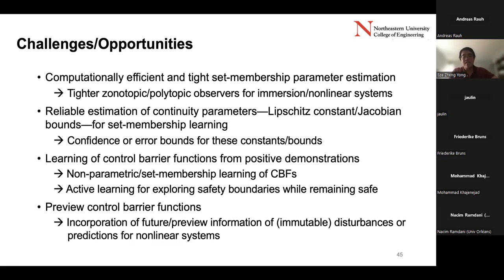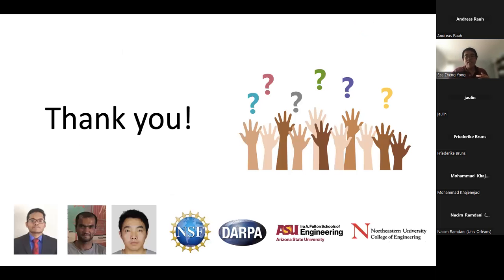How can we take this preview of the information into consideration when making sure that our system is safe, so that we don't have to be robust to the uncertainties in the future, and can be less conservative?